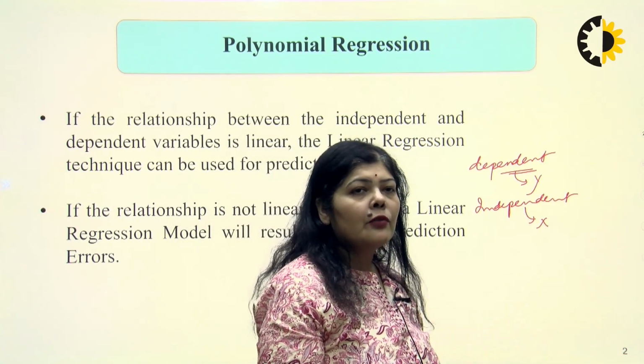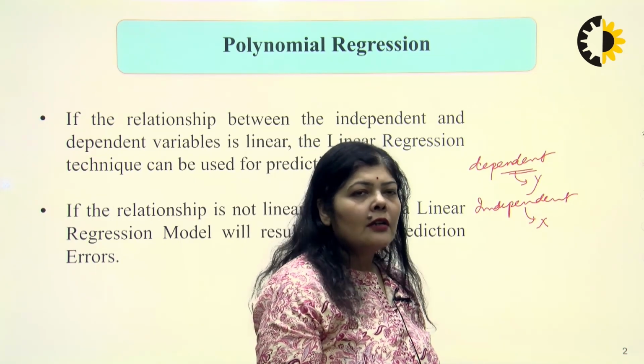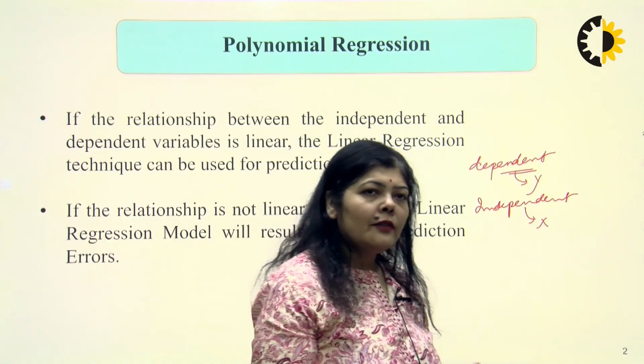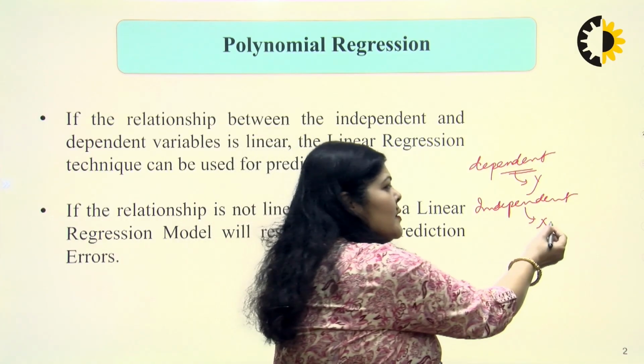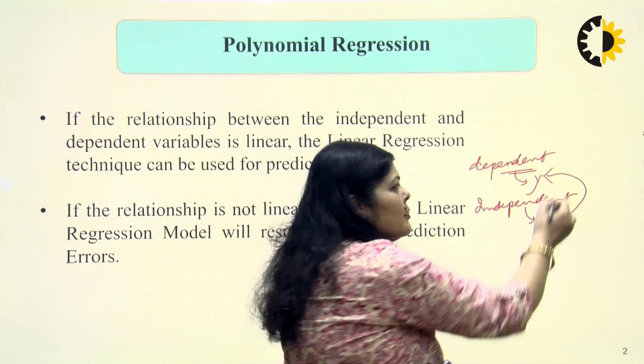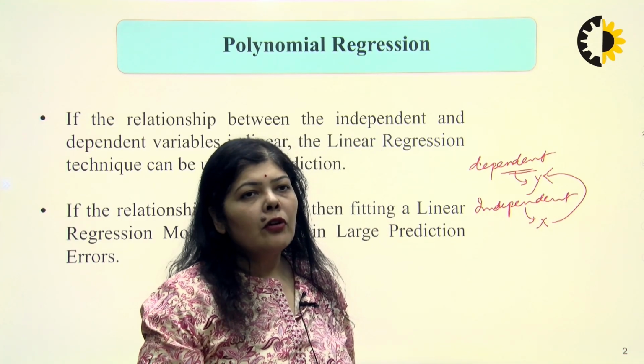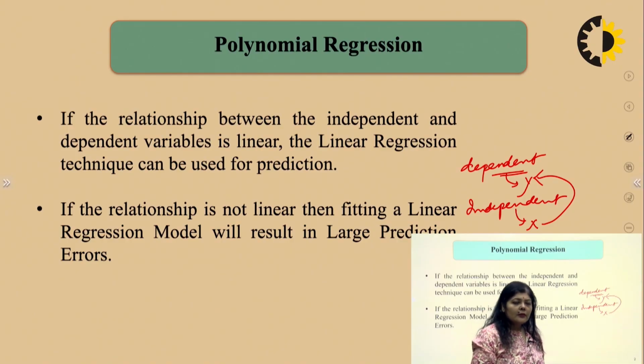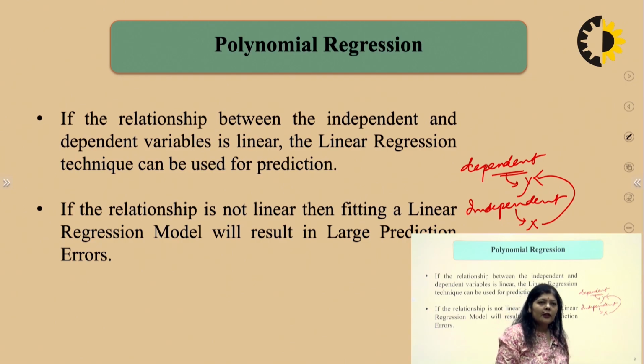So we can have x1, x2, x3 if there are three different attributes or features in the given data set, and from those x's we are trying to predict the value of the y variable, which is dependent on the attributes, or the independent variables, right?